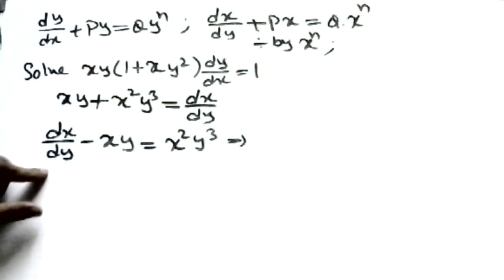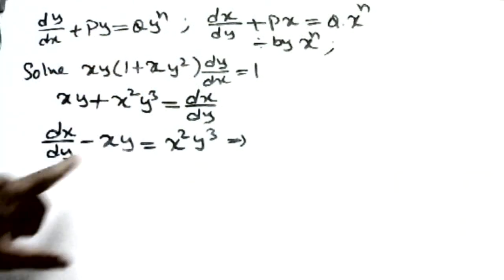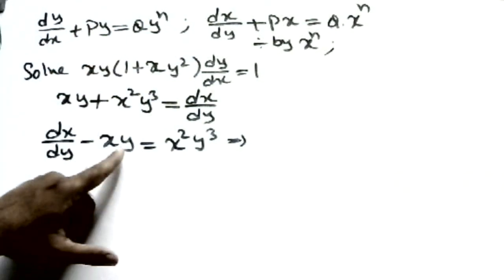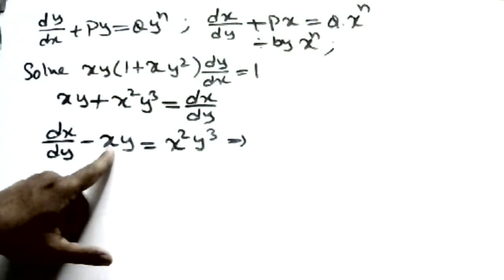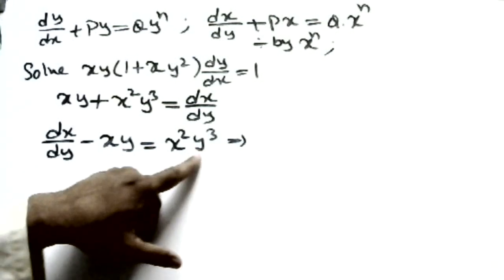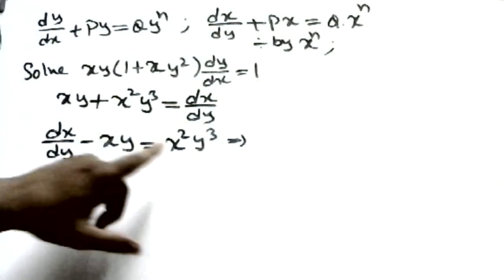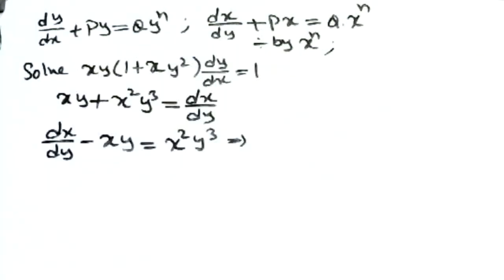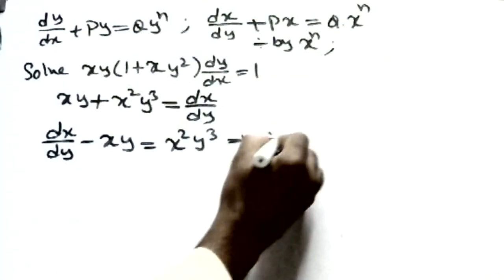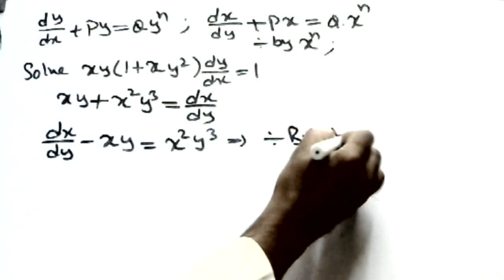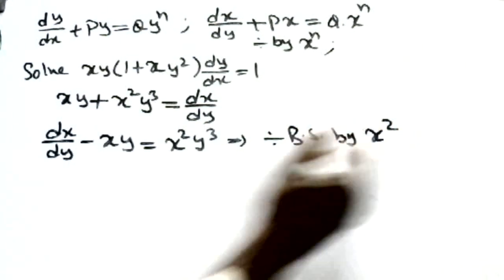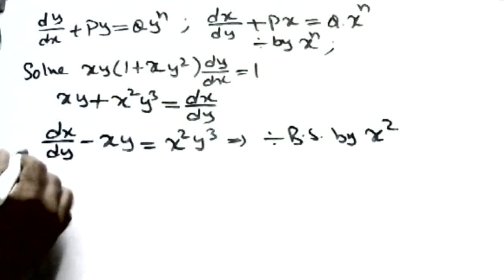Now we have to divide these terms by x square. So divide both sides by x square.